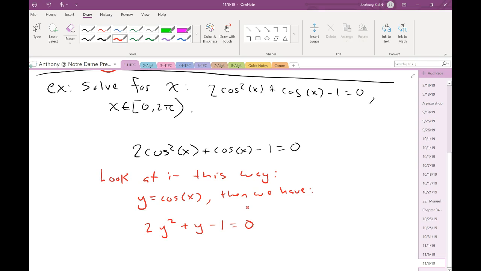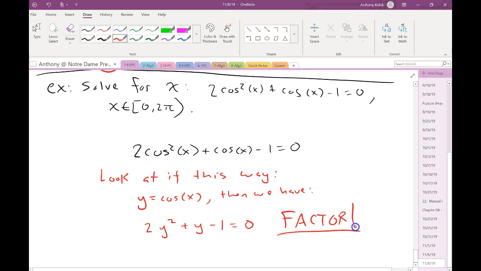How would I solve that equation? What else could you do? Or you could use the quadratic formula here.